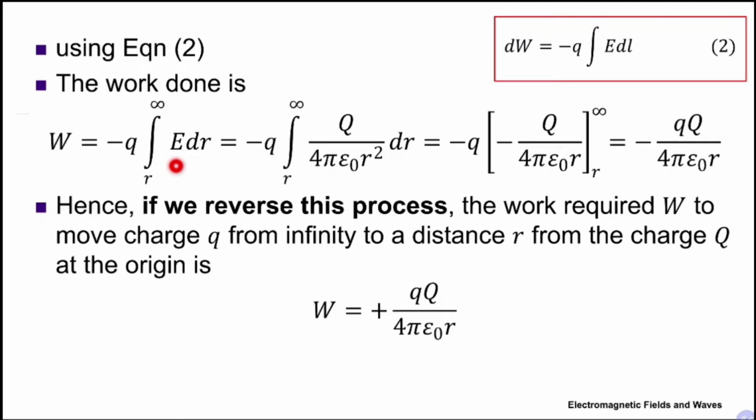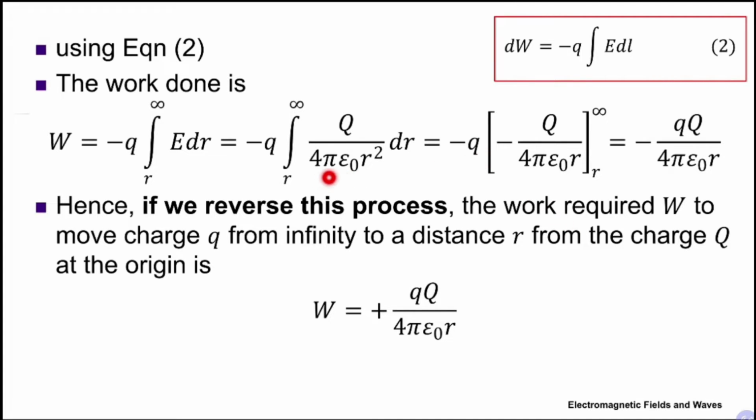We know the electric field of our point charge is equal to Q over 4 pi epsilon naught r squared, and then dr. Integrating 1 over r squared with respect to r gives minus 1 over r.